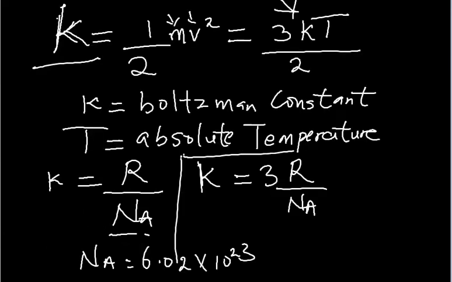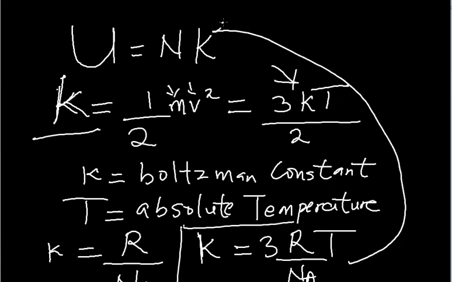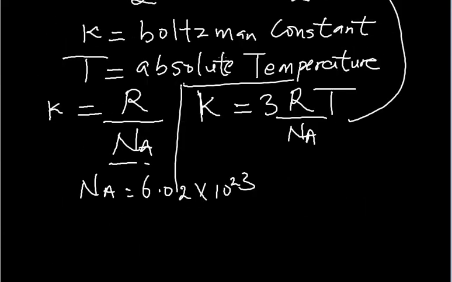Please pardon me, that's R over NA, then multiplied by T. Now let's bring it to our equation for the internal energy of the system.